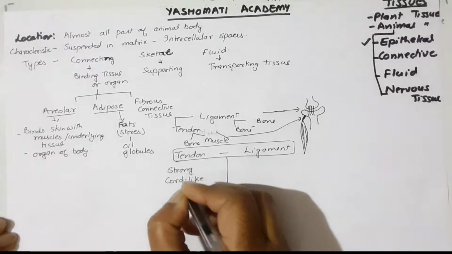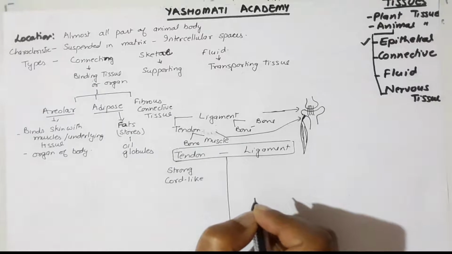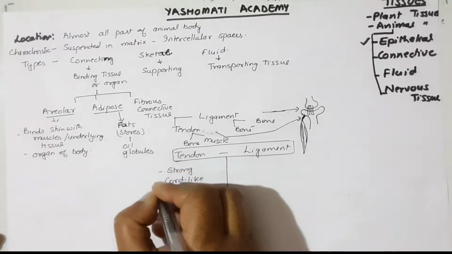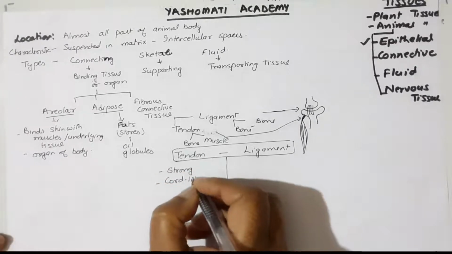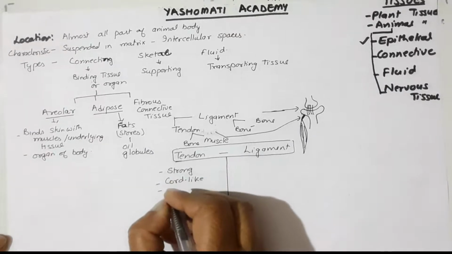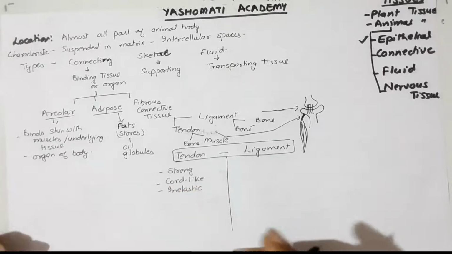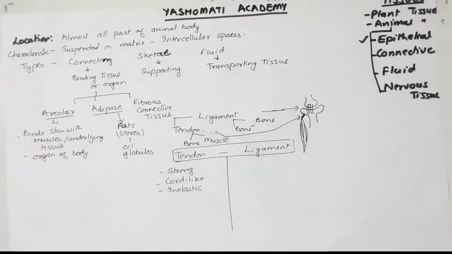Cord we call a rope or a thick thread, thick and inelastic thread. In common language we use cord and rope as synonyms. So the characteristic feature of tendon is that they are very strong, cord-like and inelastic. Inelastic means you cannot stretch them. They cannot be pulled. Their shape and length is fixed.